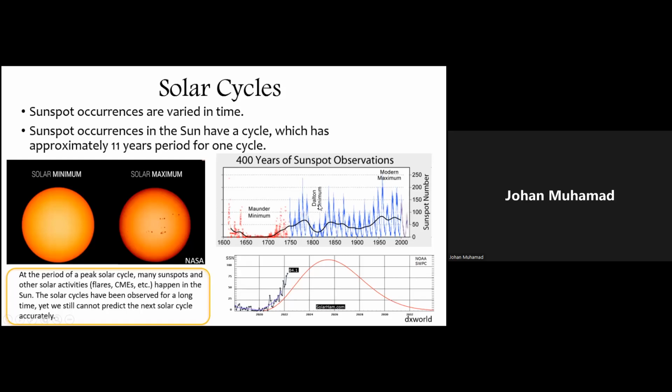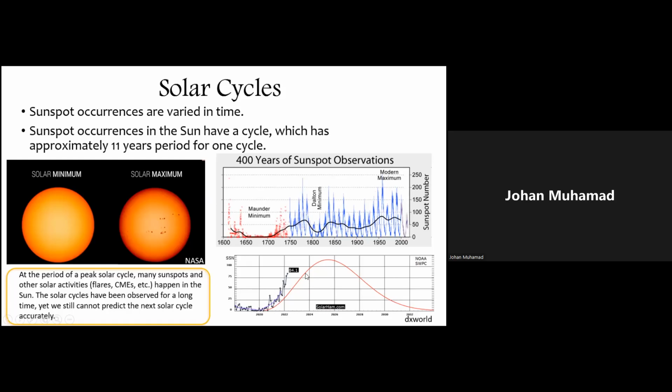But the amplitude of the solar cycles is different from time to time. And then by analyzing the signal of these solar cycles, scientists try to predict the next cycle.